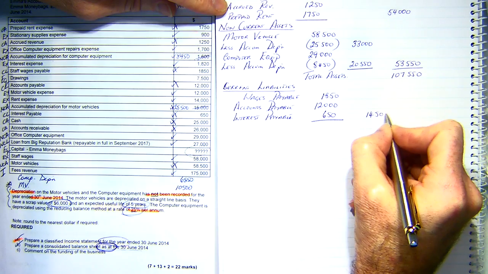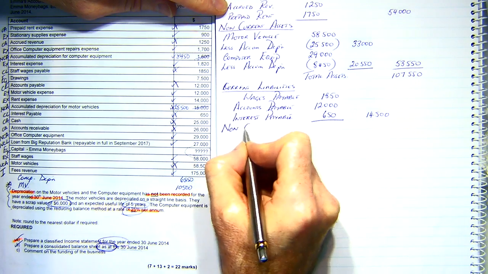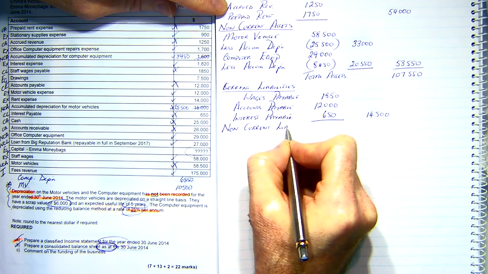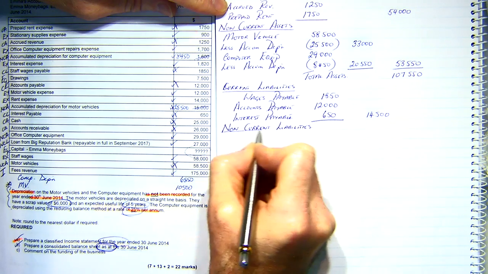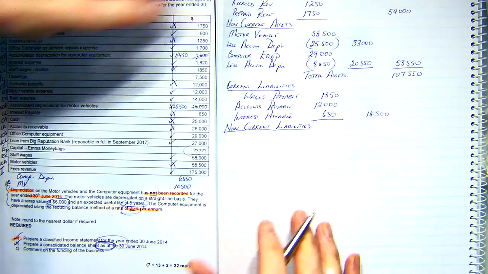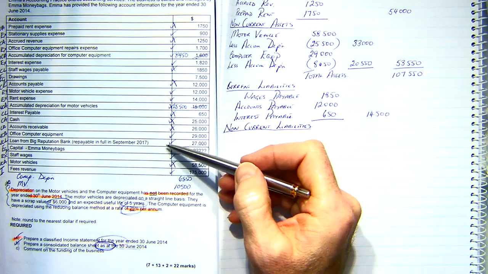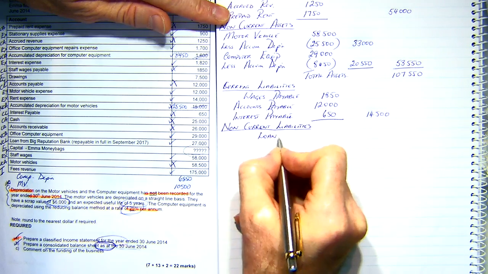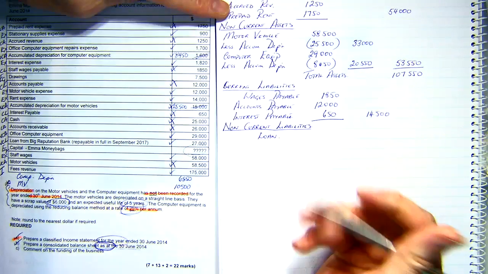After current is non-current liabilities. So my non-current liabilities now come in to play. Let's have a quick look up here. We've got the loan from bank, and I think it's the only one we've got. Let me just have a quick scan. Is it any others? No, there's no others.